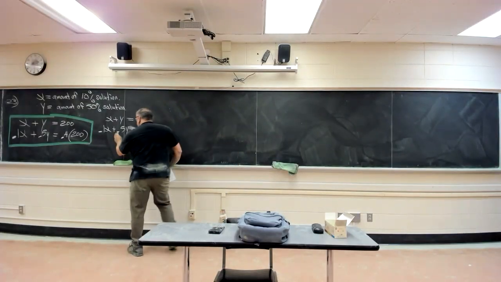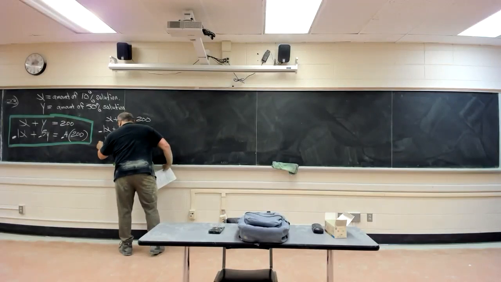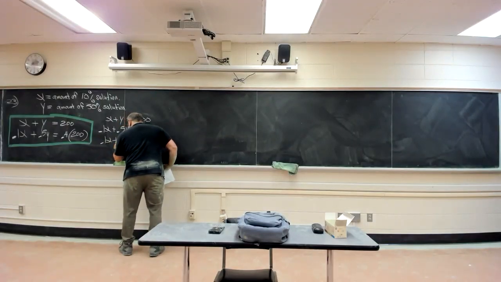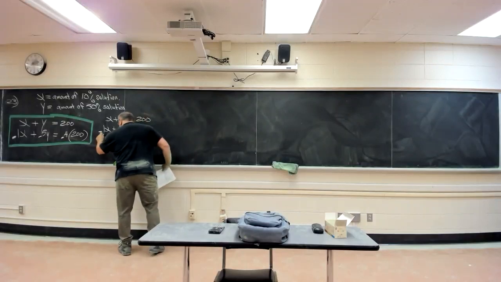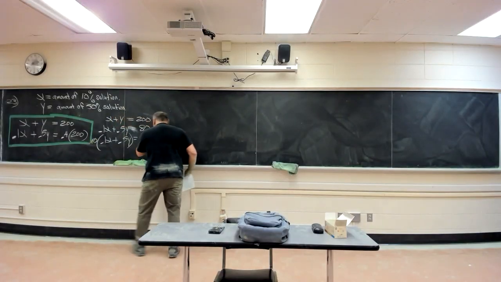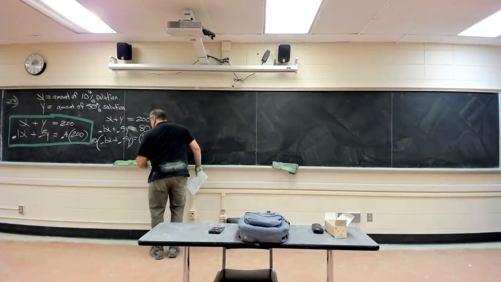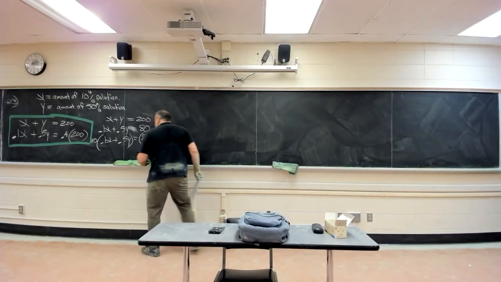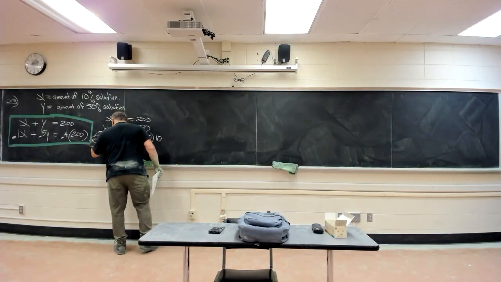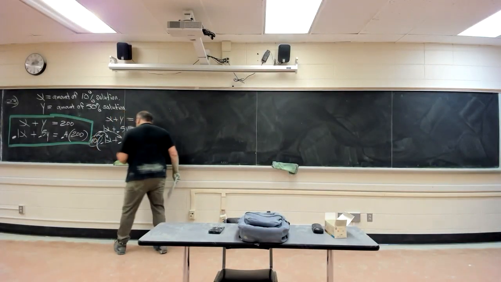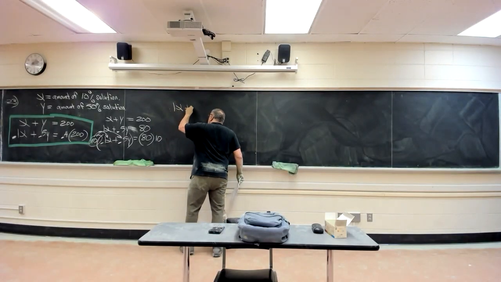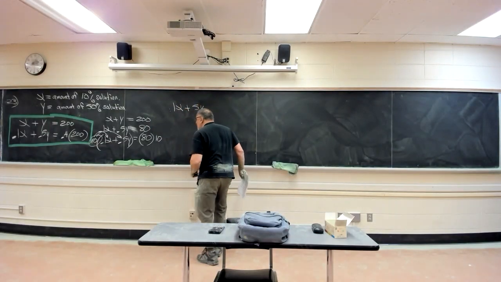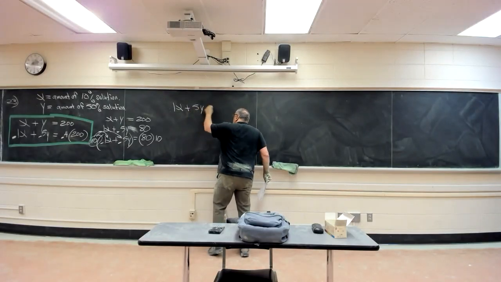I'd probably take this guy and multiply by 10 on each side, just to get rid of all the decimals. Take the 10 times 0.1, the 10 times 0.5, and you get 1x plus 5y equals 800.